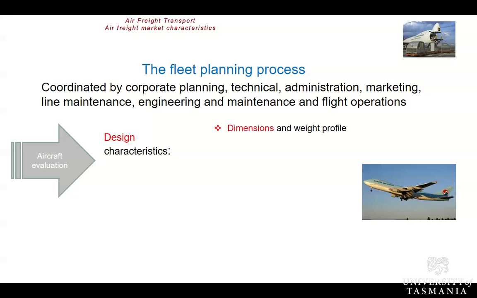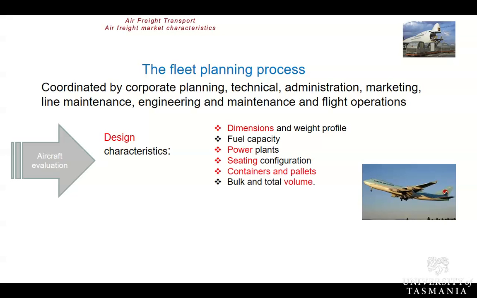So what you need to know are the dimensions of the aircraft, what its weight profile might be, fuel capacity, power plant, so engines, seating configuration if it's a passenger aircraft, containers and pallets, bulk and total volume. Every aircraft is going to have different characteristics around all of those elements, so you need to understand those before you can make a final decision on whether that aircraft is the right aircraft for you.